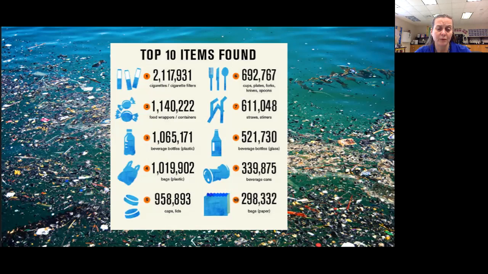So proper disposal of waste is important as far as terrestrial pollution, but also as far as aquatic pollution. And we've already talked about the fact that litter in the oceans can cause all kinds of issues for our aquatic species. So where are we supposed to dispose of it?